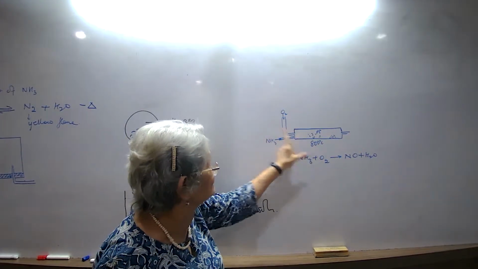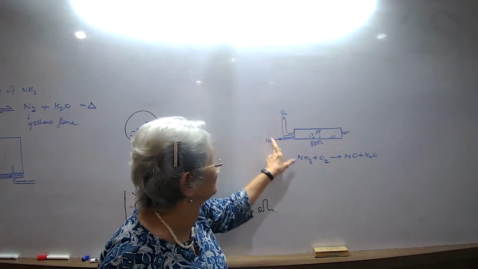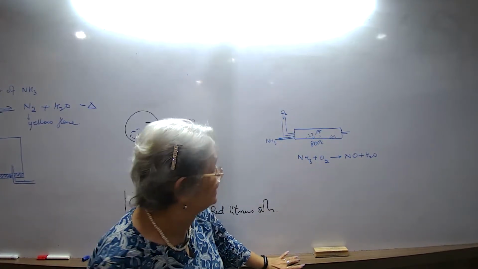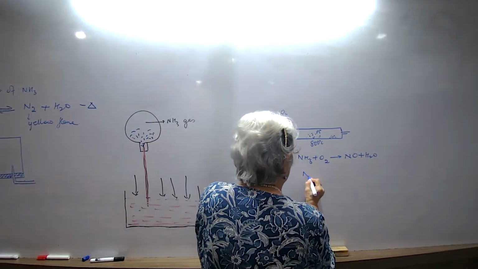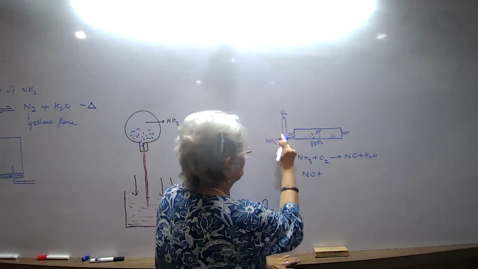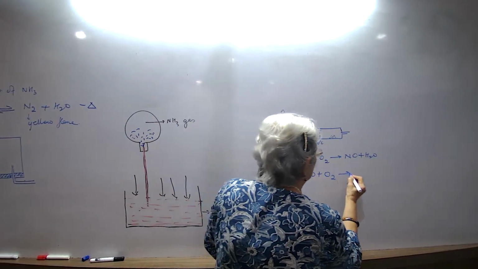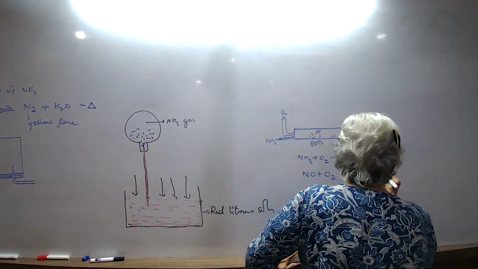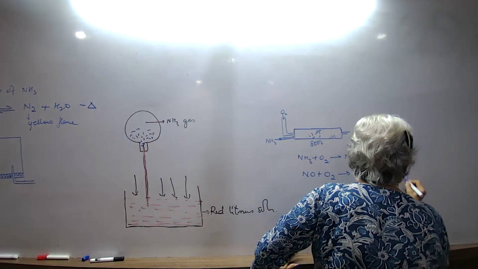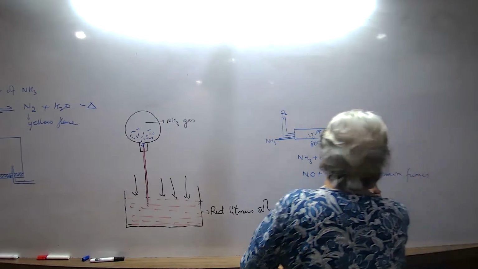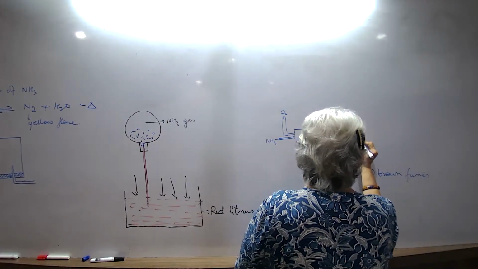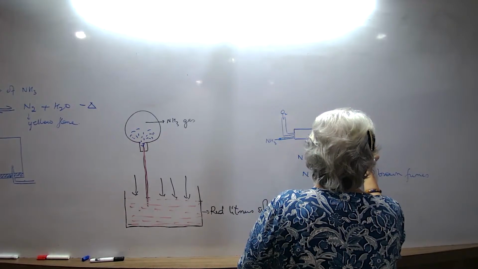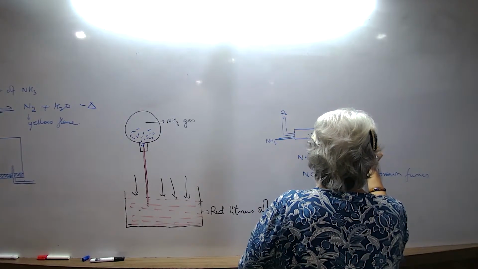But as long as this is continuing, you will get this water because the reaction is still continuing. Correct? Now, this NO combines with more oxygen and gives you NO2. This NO2 is brown fumes. So here what happens, brown fumes of NO2 get collected in a round bottomed flask.